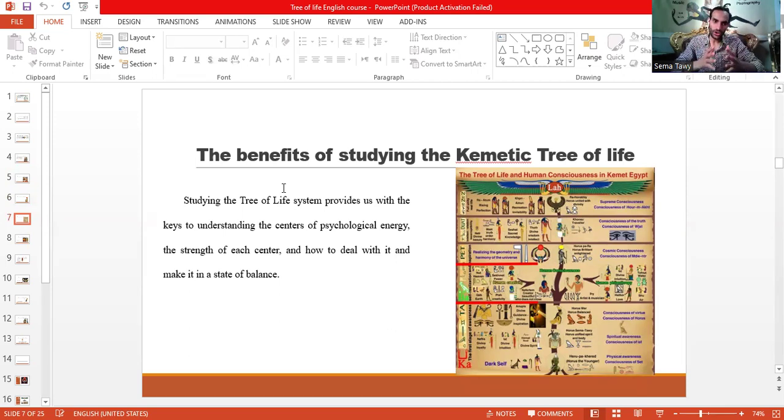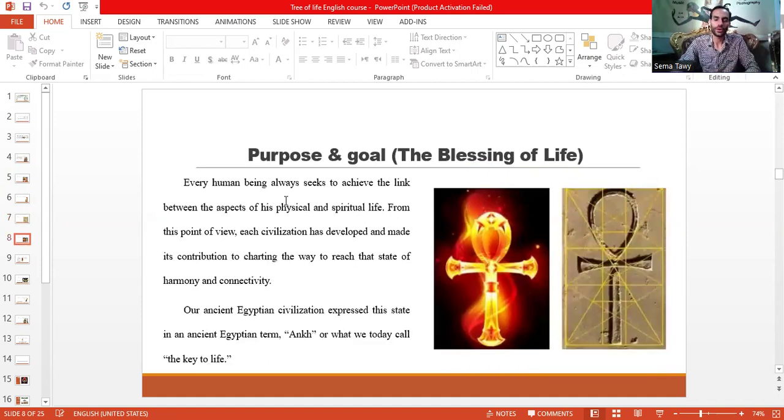So if we reach the balance condition, everything in our life will be better. So the Tree of Life system will show us how to reach this balance in your physical needs, spiritual needs, mental thinking, emotional thinking, and all parts of your life.